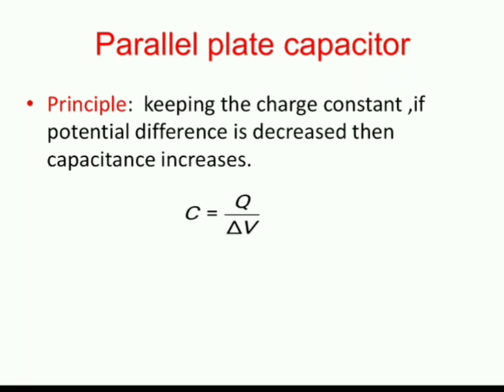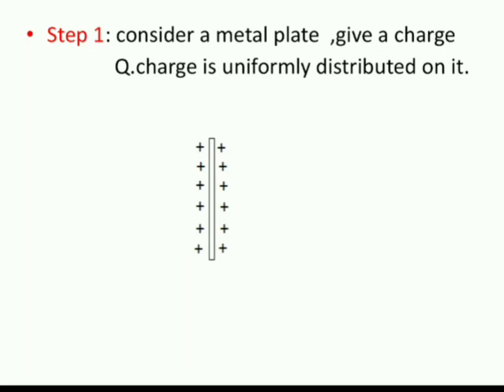Let's see how this is achieved. So consider one metal plate and give a charge Q to it. Okay, I am showing you the cross section of the plate. It is thin when compared to the surface area. Thickness of this plate is small. And we have already studied conductors and charge distributions on metal plates in the previous lecture.